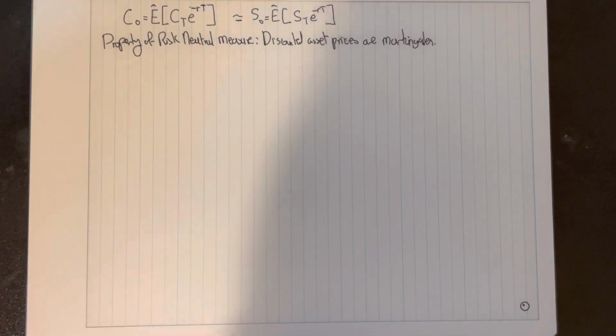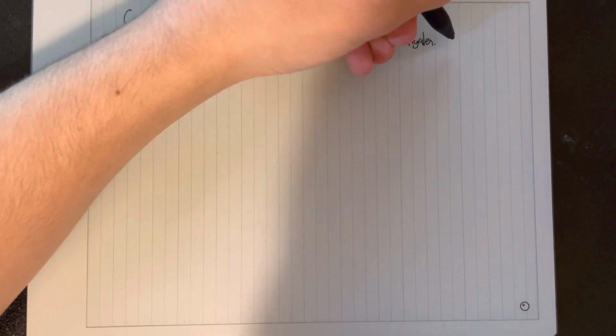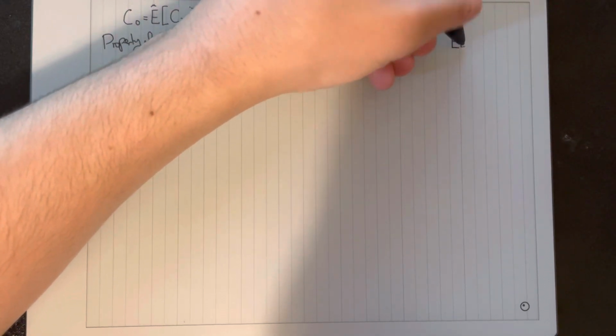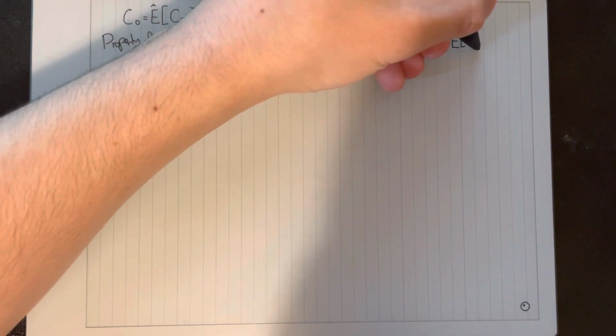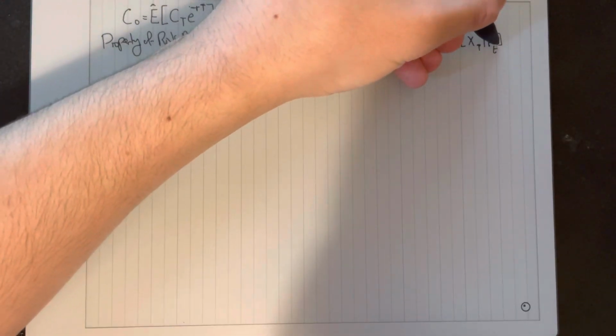So let's just recall what a martingale is. A martingale is basically a stochastic process such that the expectation of that asset, call it X at capital T, given all the information up to time little t, is equal to x at little t.